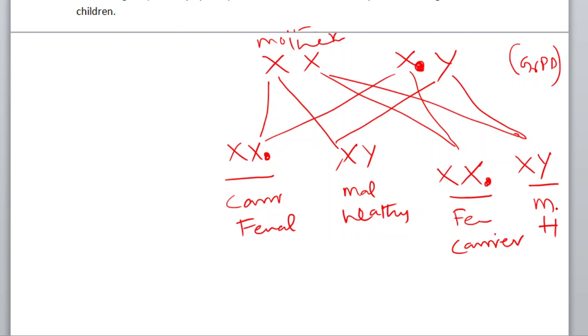So what they will ask you in the exam is they are going to get you confused. They will ask which is the disease or which is the disorder where you get 50% female carriers. Female will be 100% carrier. You can see here the female is 100% carrier.